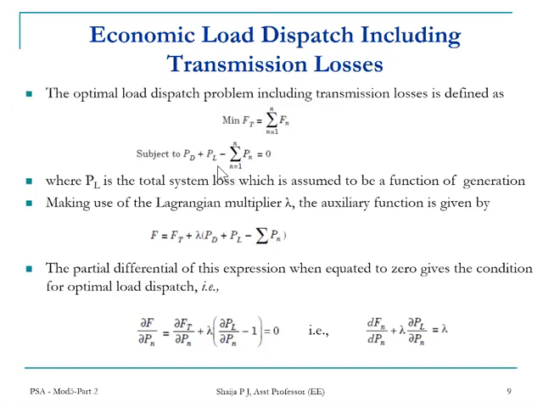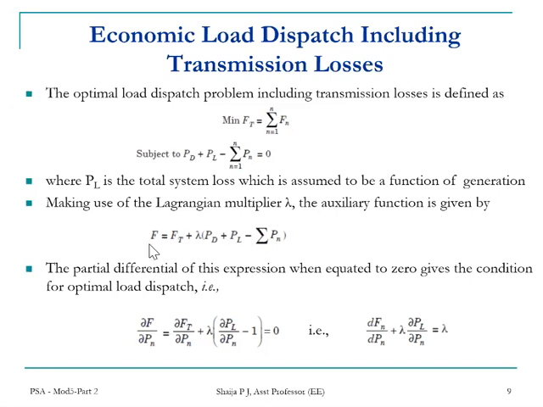Here one additional term is there, that is the losses. It means the total power generated has to meet the total demand plus losses. And these losses are assumed to be a function of generation. So how will you solve this? We can solve this with the help of a Lagrange function using Lagrangian multiplier lambda.